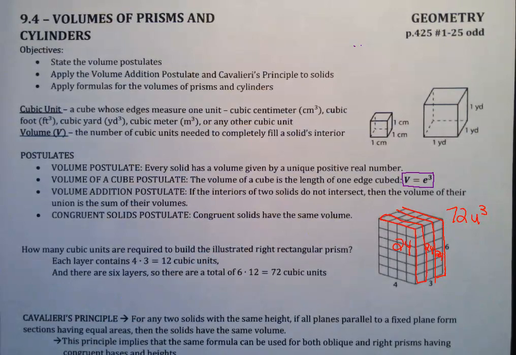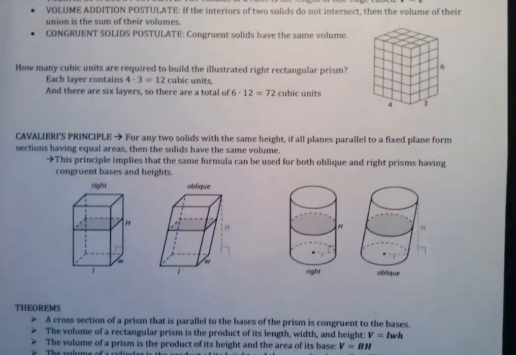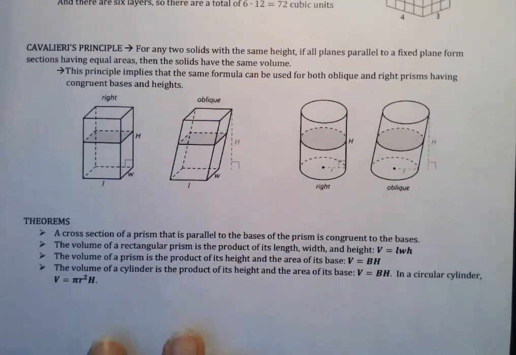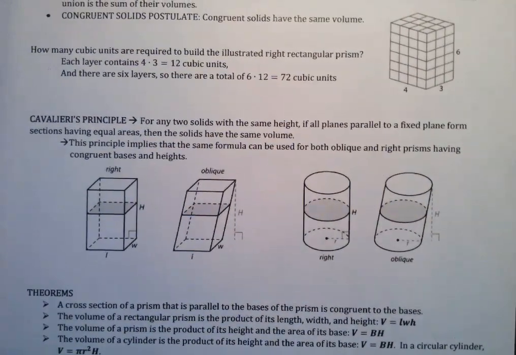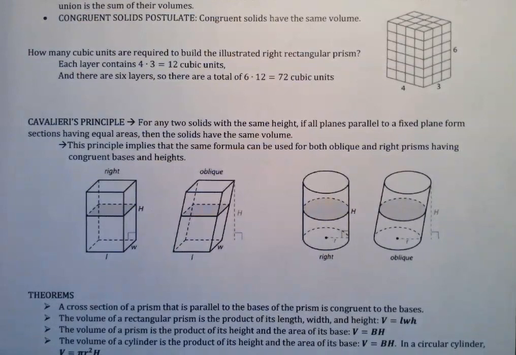All right, then Cavalieri. Okay, so Cavalieri's principle says for any two solids with the same height, if all the planes parallel to a fixed plane form sections having equal areas, then the solids have the same volume.